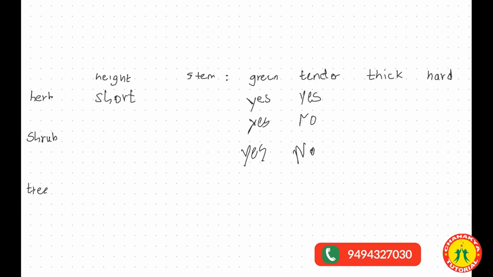What about shrubs? Is it hard? Whoever says yes, raise your hand. Are stems of shrubs hard? Yes or no?